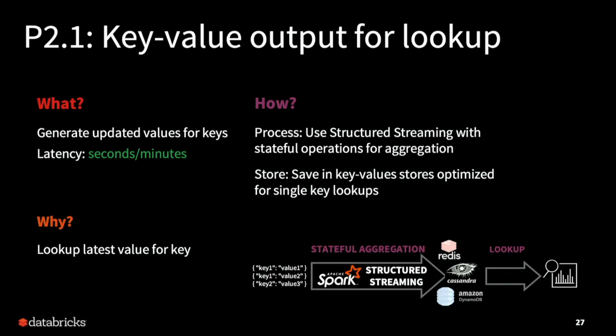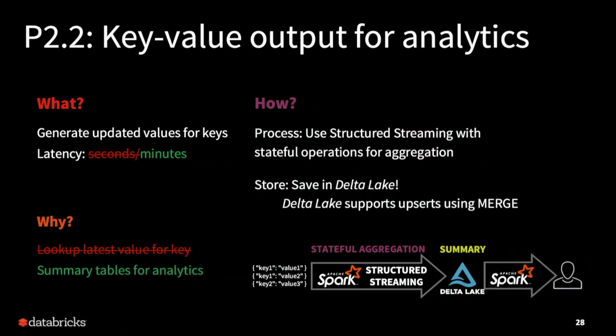But on the other hand, if you want latencies not of seconds but minutes, and you'd rather not do single point lookups, you rather want aggregates as an entire table for reporting, summary tables and stuff, then it's best to write it out into Delta Lake.